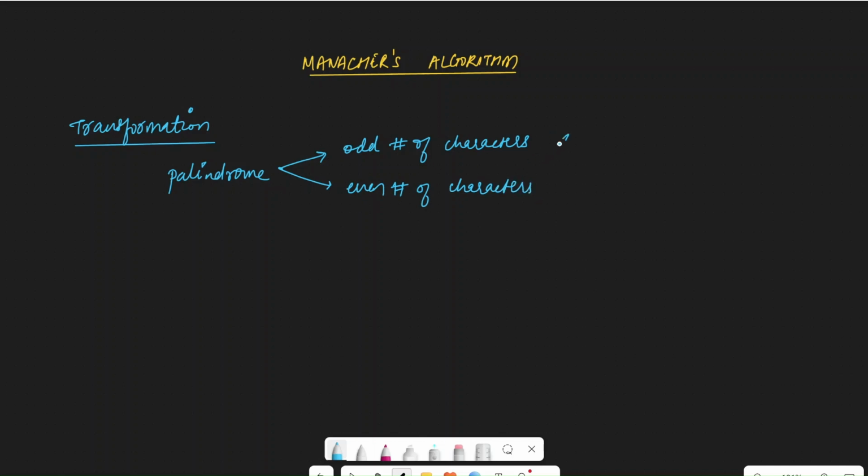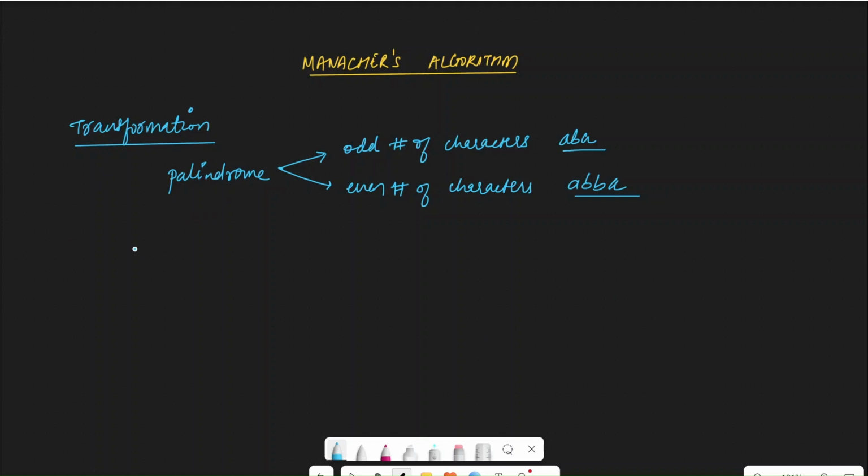An odd number of characters could be ABA, an even number could be ABBA. So instead of handling odd and even length palindromes separately, what Manacher's algorithm suggests is we convert these into odd length, so that we don't have to change our logic for odd and even numbers of characters.